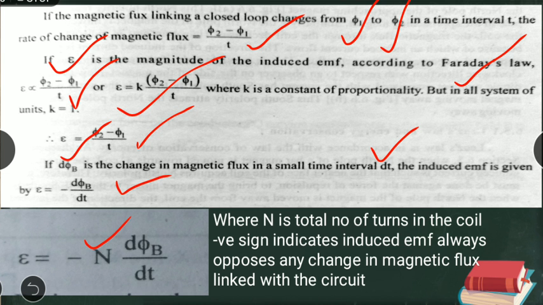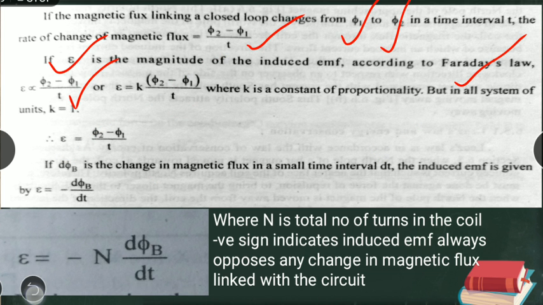The explanation of the negative sign is given in detail by Lenz's law, which we are going to study in the next session. So finally, in today's class we have learned the introduction.